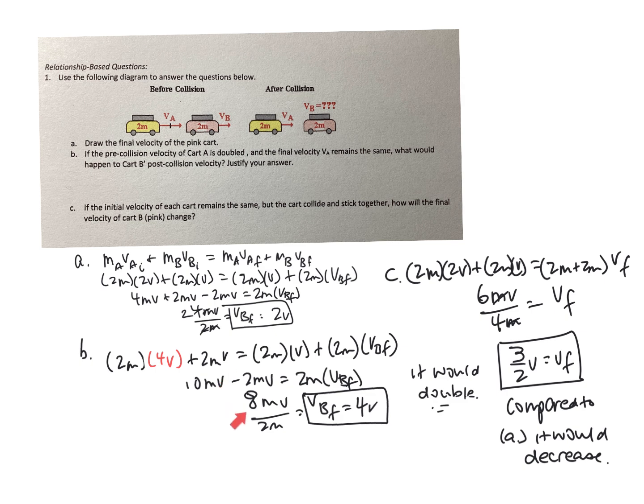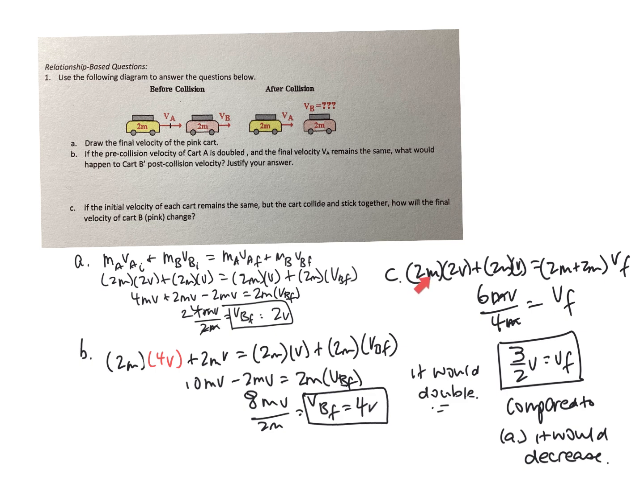Okay? There's the work. Now, lastly, they said, if the initial velocity of each cart remains the same, so exactly like you have it here, but the carts collide and stick together, how will the final velocity of cart B change compared to the original one? They're not really clear in asking that question.